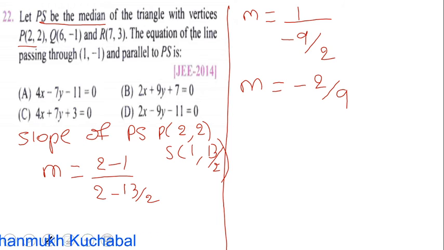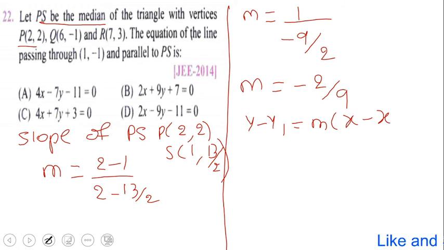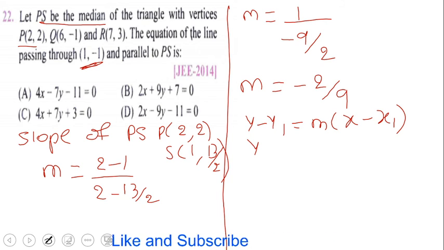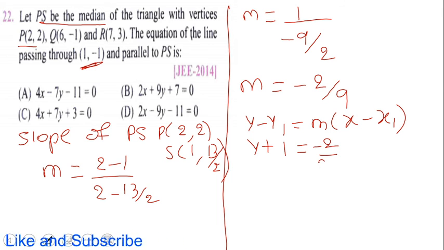Then we have to use the equation of a line. So it is y minus y1 equal to slope m times x minus x1. Here this is the point we have to take, y1 is minus 1, minus into minus plus 1, equal to minus 2 divided by 9 times x minus x1. x1 is 1 here.